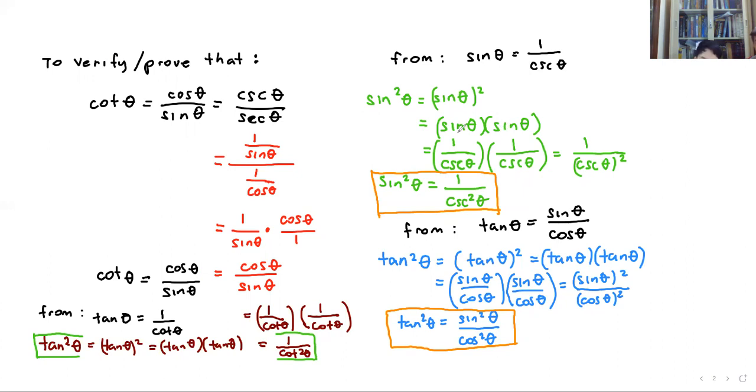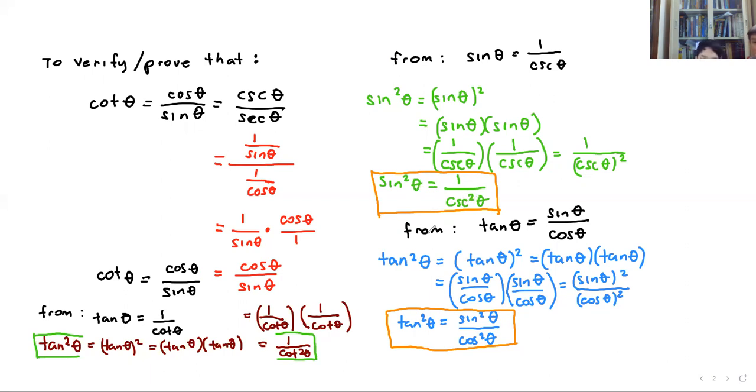And secant theta, as we know, is 1 over cosine theta. So 1 over cosine theta times 1 over cosine theta, which is another way of saying 1 over cosine theta in parentheses to the power of 2. And the proper way to write that one is secant squared theta is equal to 1 over cosine squared theta.